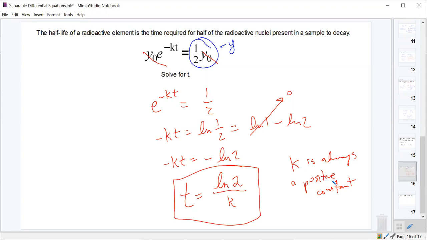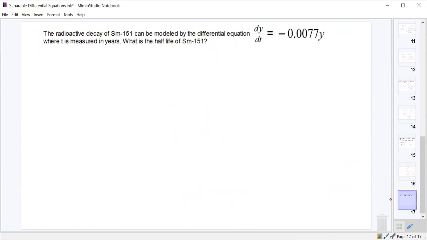So when we're given the differential equation dy/dt equals negative 0.3y, the k value is just 0.3, and the negative sign indicates that it's decaying. If it was 0.3y, then we'd have a k value of 0.3 still, and since there was no negative, we'd indicate that it was growing.